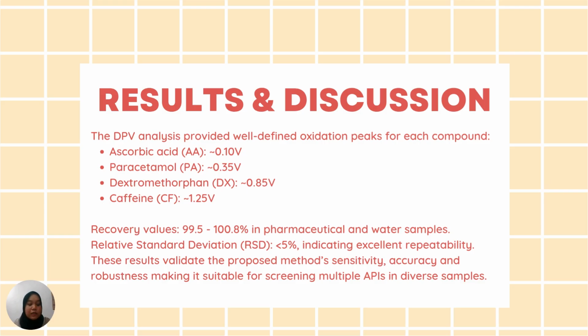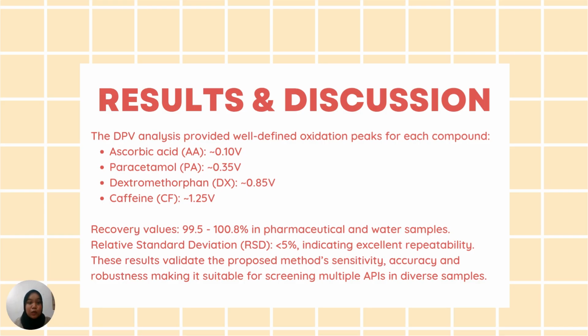Next, the relative standard deviation is less than 5%, which indicates excellent repeatability. These results validate the proposed method's sensitivity, accuracy, and robustness, making it suitable for screening multiple APIs in diverse samples.